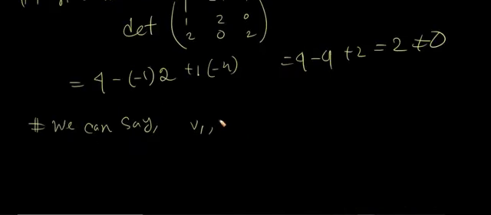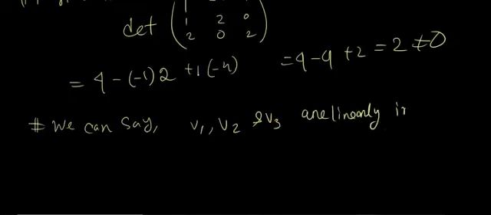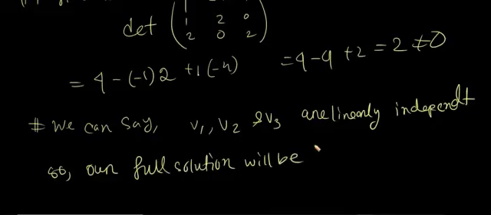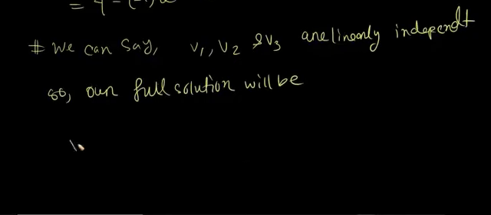We can say that this v1, v2 and v3 are linearly independent. So our full solution will be, this is our solution vector.